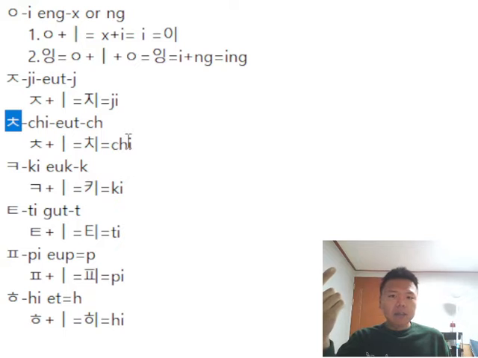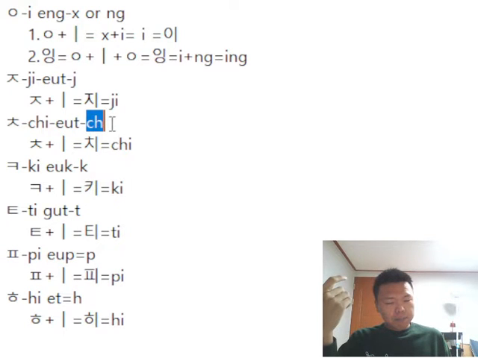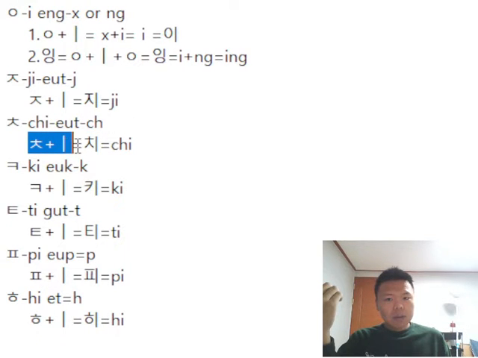And then second is 치읒. It sounds like ch. So 치읒 plus 이 equals 치.